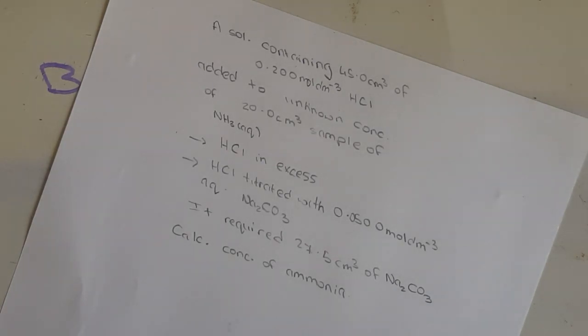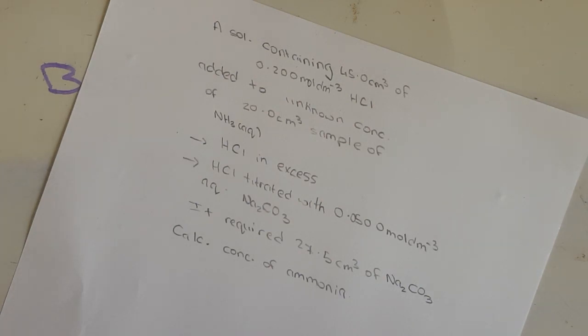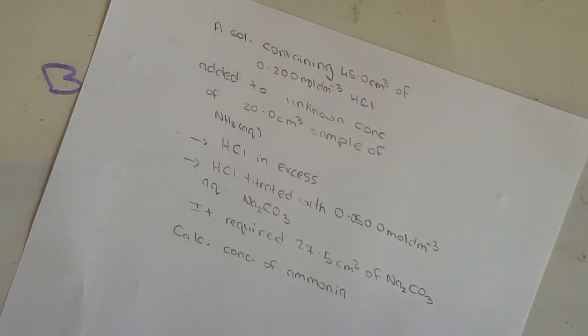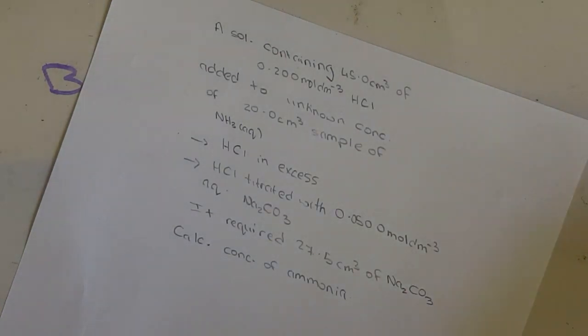This basically says that a solution containing 45.0 cm³ of a 0.200 mol/dm³ solution of HCl is added to an unknown concentration of 20.0 cm³ sample of ammonia, with hydrochloric acid in excess.